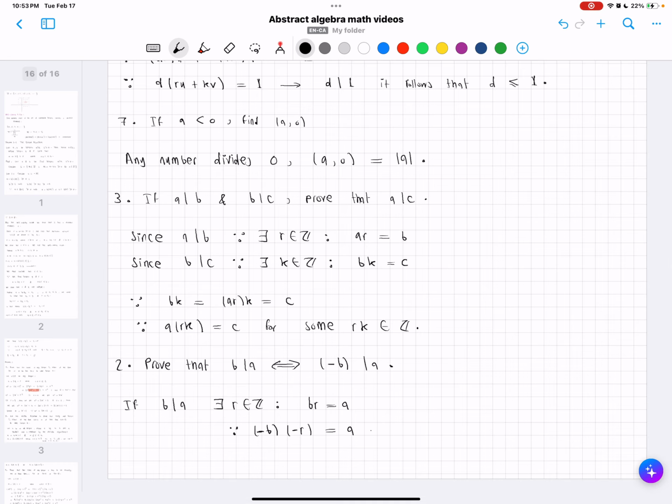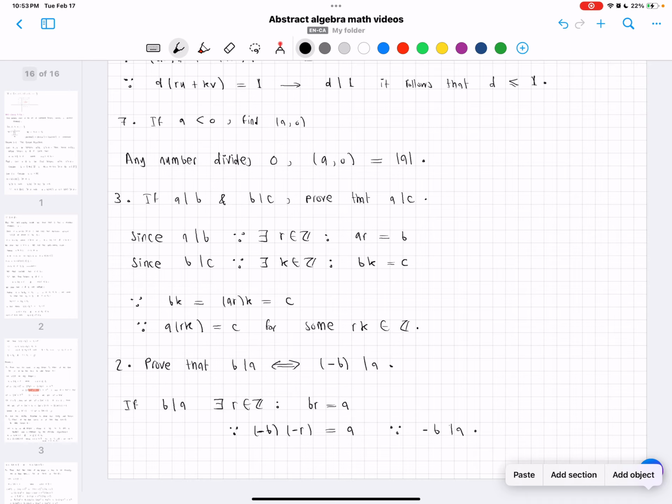So in particular, we must have that minus b divides a. Therefore, minus b divides a.